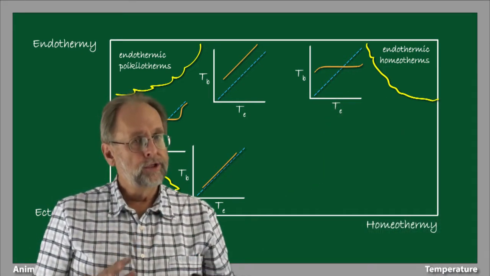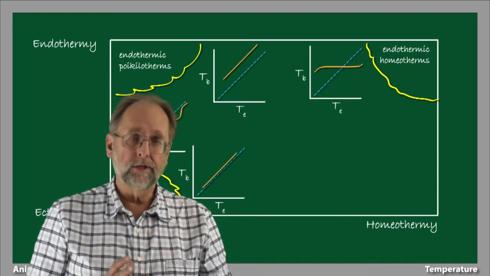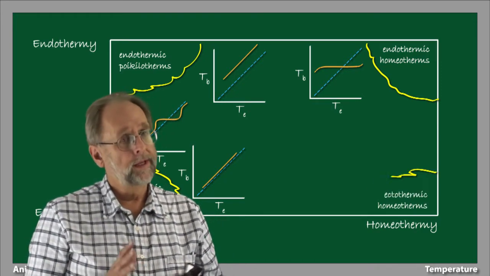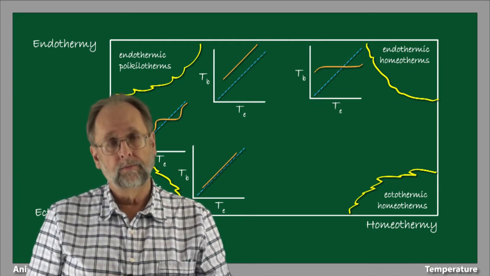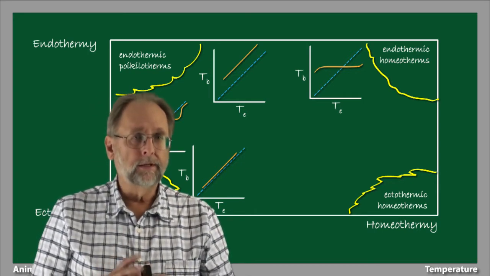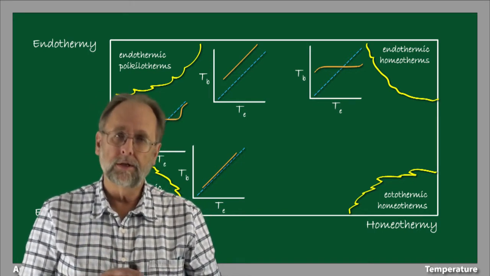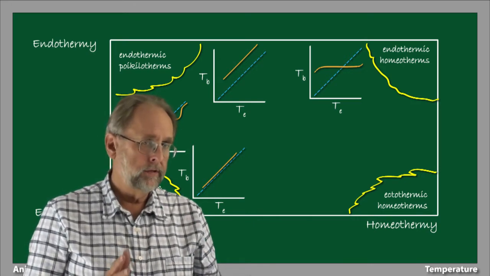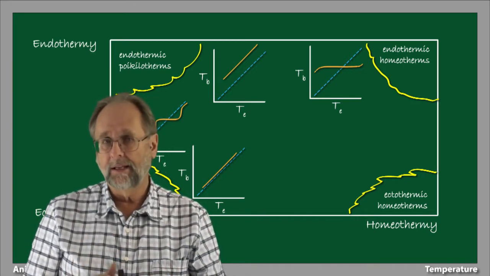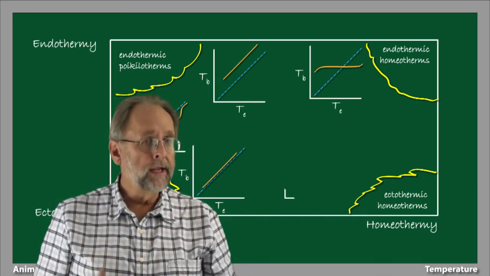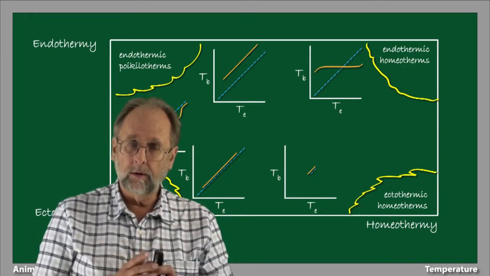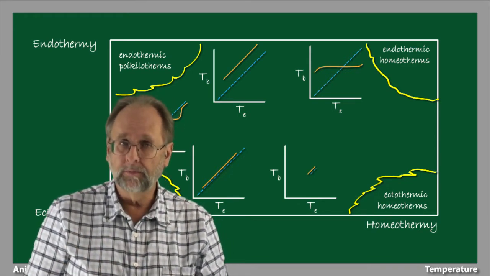And now let's turn to the lower right-hand corner of this space, what we might call the ectothermic homeotherms. There are basically two different categories of creatures such as this. The trivial case concerns animals that live in environments in which the range of variation of environmental temperature is quite small.